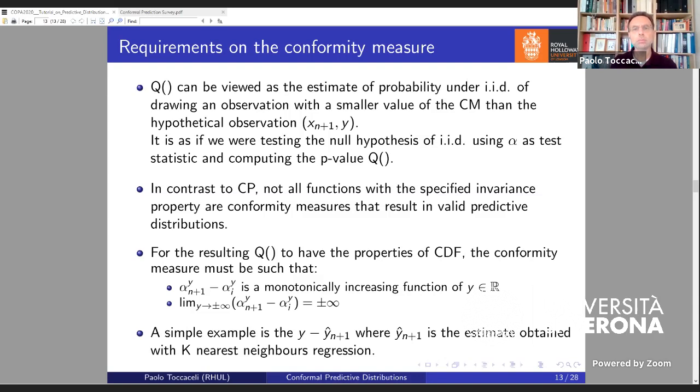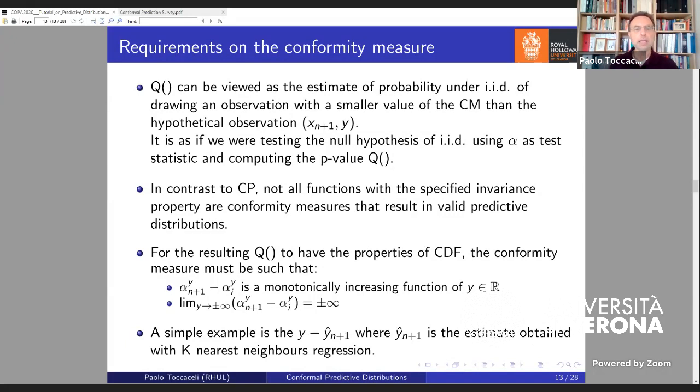You could view Q as the estimate of probability under IID of drawing an observation with a smaller value of the conformity measure than the hypothetical observation made up of the test object and the value y. And in a way, it is as if we were testing the null hypothesis of IID using alpha as a test statistic and computing a p-value by means of Q. So there is some sort of connection with statistical hypothesis testing, if you will.